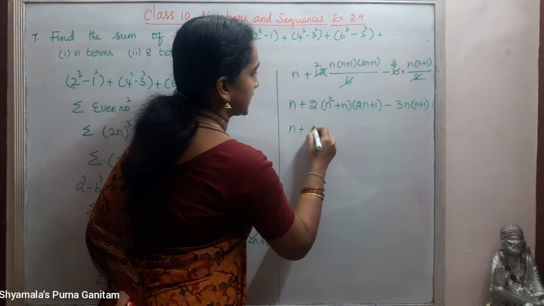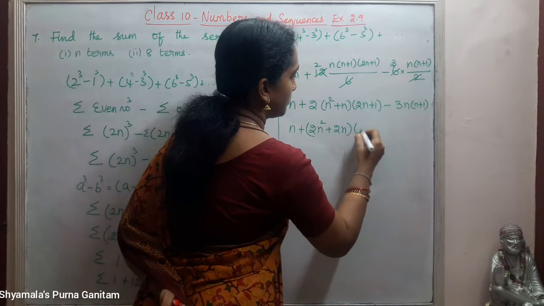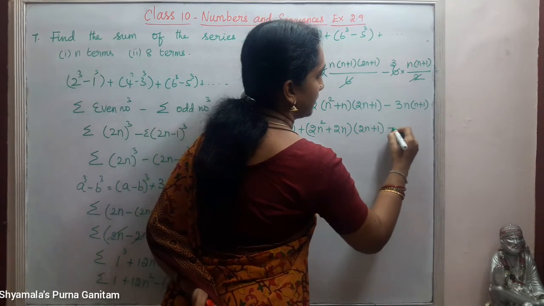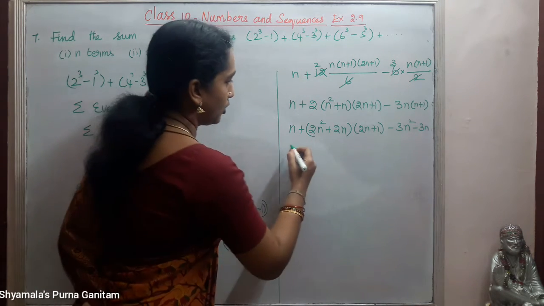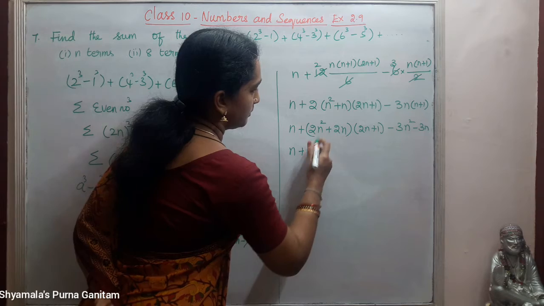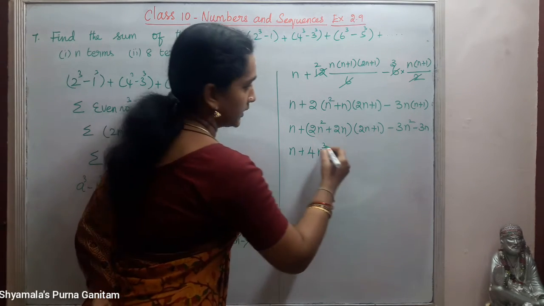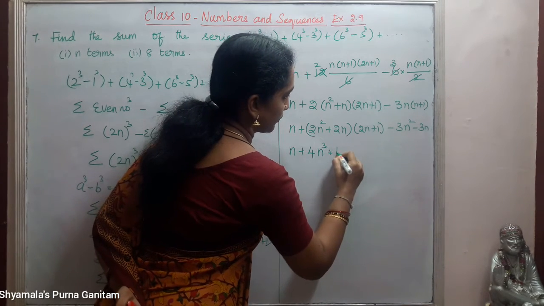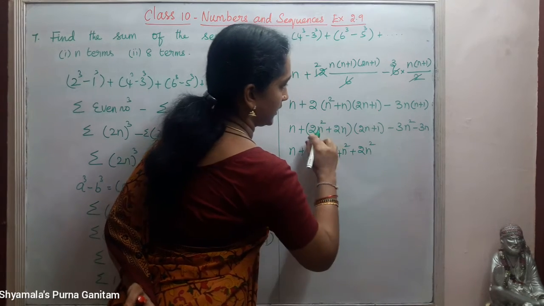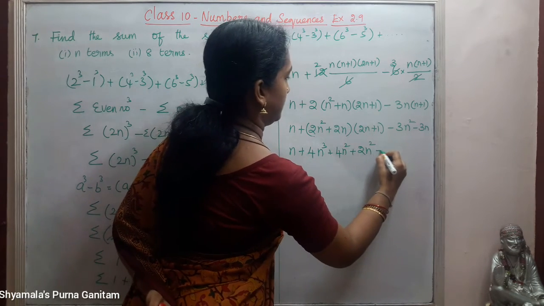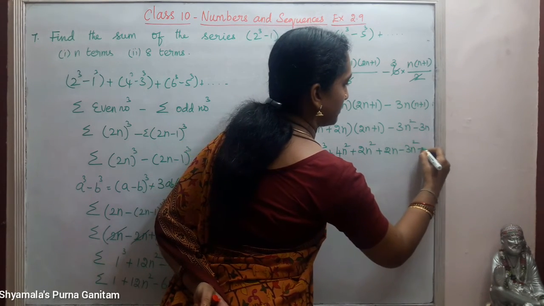So n plus 2n squared plus 2n into 2n plus 1, minus 3n squared minus 3n. So n plus 2 twos are 4n cube plus 4n squared plus 2n squared plus 2n minus 3n squared minus 3n.